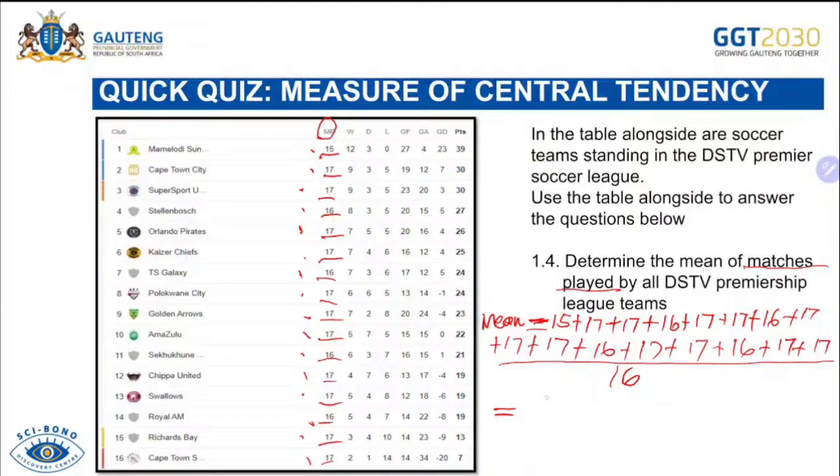So I got my answer to be 266. I divide it by the total, the sum divided by the total number, which is 16. Then my answer will be what?